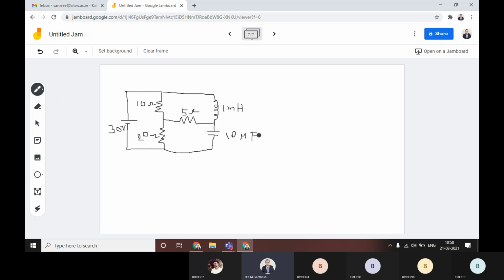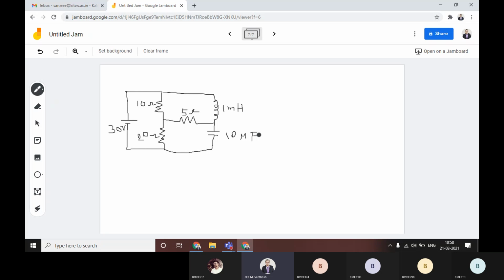Now, after drawing this circuit, note down: find the energy dissipated by the 5 ohm resistor. This will test your basics.